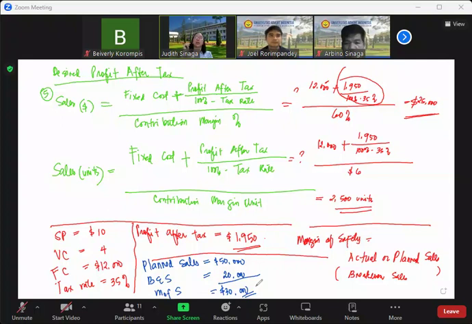Not only break even sales, but you have to compute also how much shall we sell if we have a desired profit of this certain amount. How many units are we going to sell if we have a desired profit after tax of this certain amount?